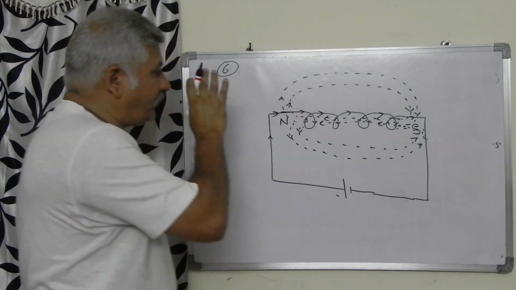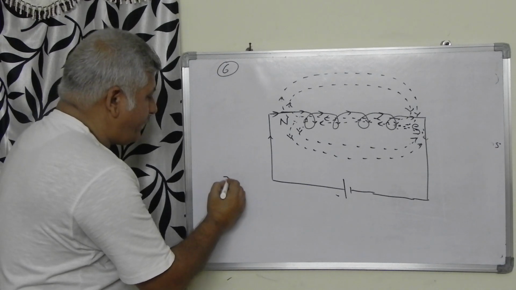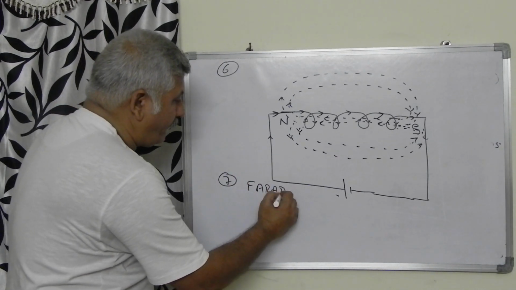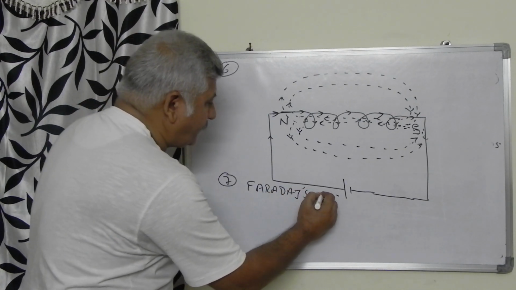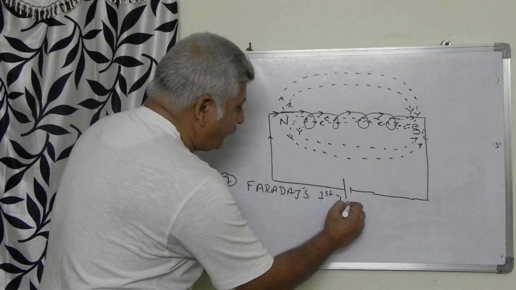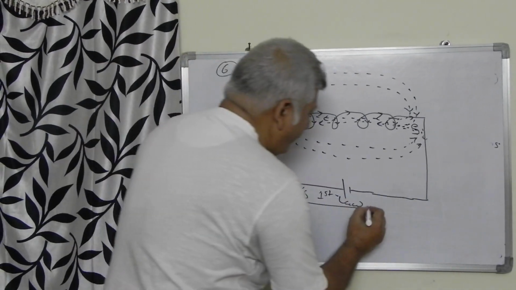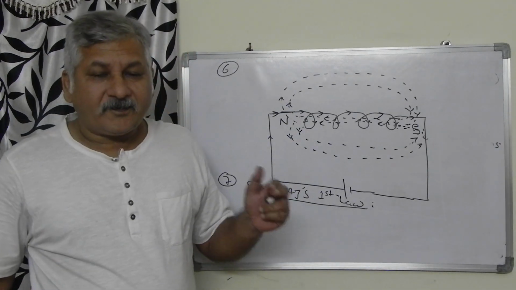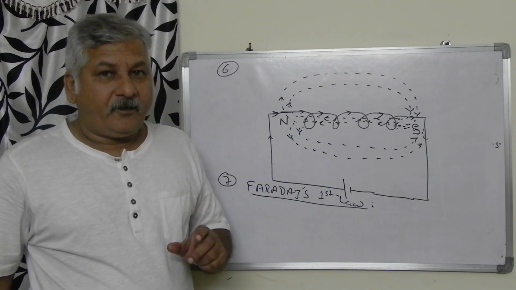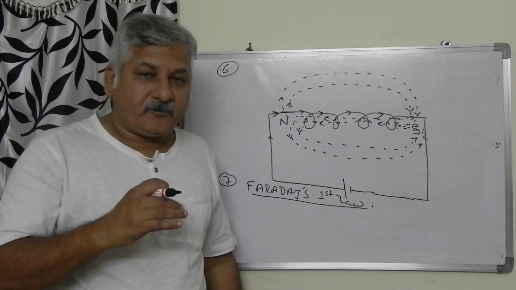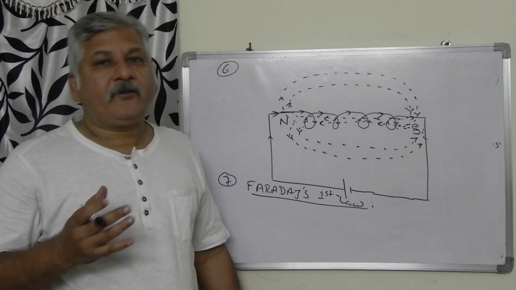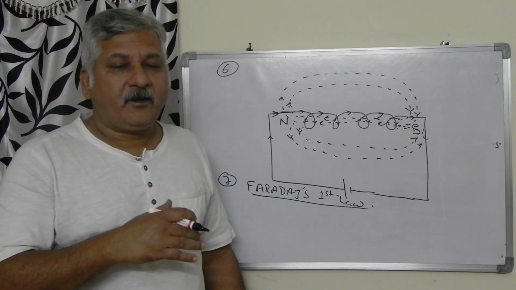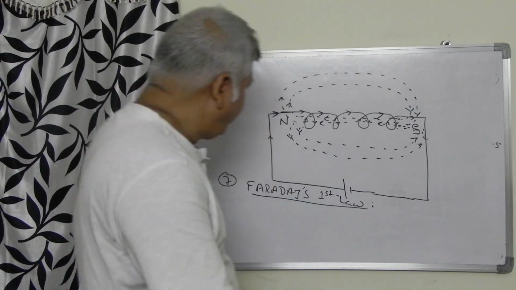With reference to this inductor, there is Faraday's first law, and the Faraday's first law says that when a conductor is placed in a varying magnetic field, then a voltage is induced in the conductor. What is the meaning of this?